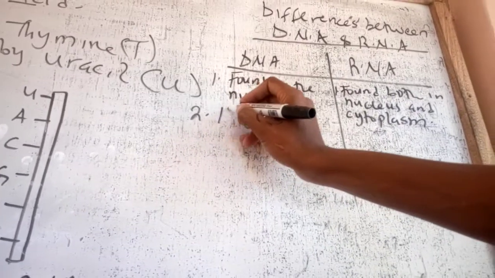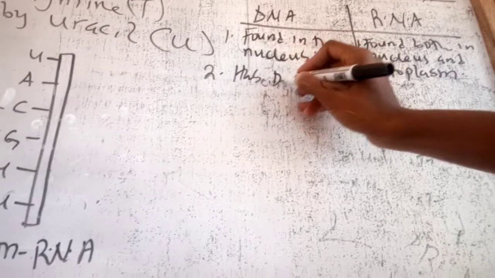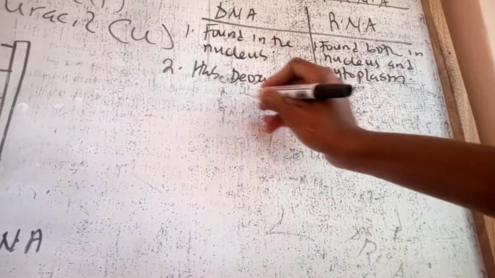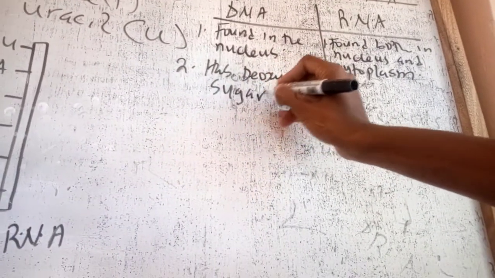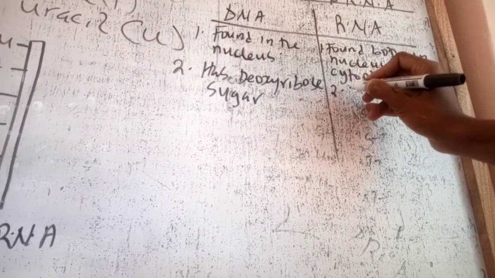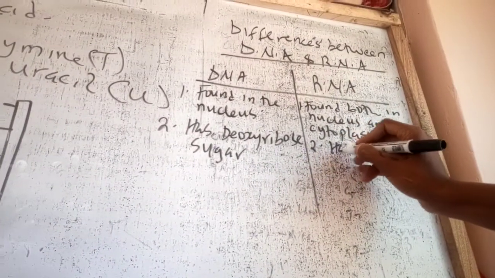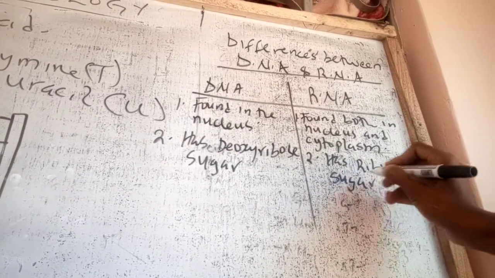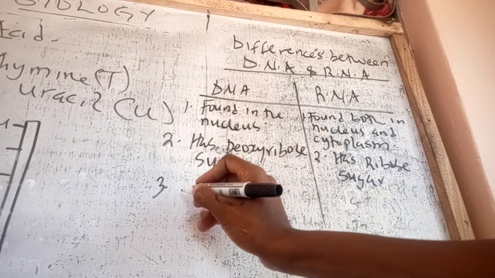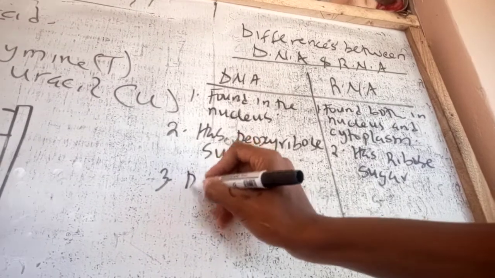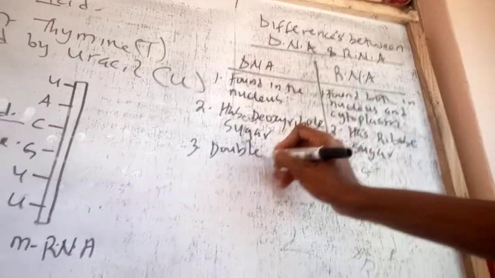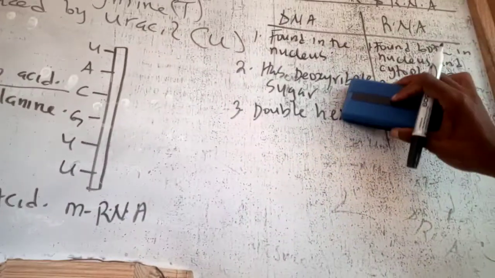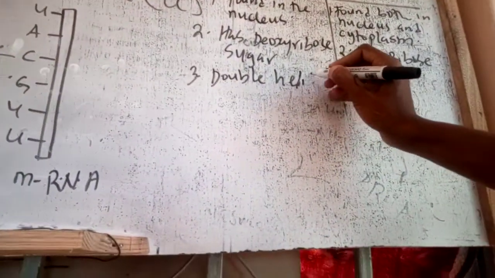Then the second difference is that DNA has deoxyribose sugar. And the other one, number two, has ribose sugar. And the third difference is that DNA exists in the form of a double helix.